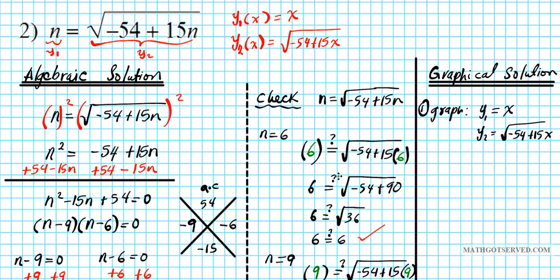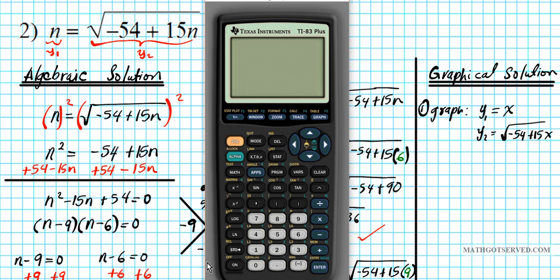So we have y1 is x, and then the second one is the square root of negative, don't use minus or else you're going to get a syntax error, 54 plus 15x. Close that, enter. Our graph.